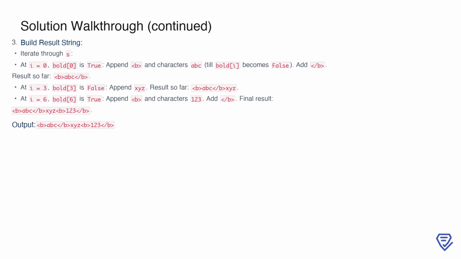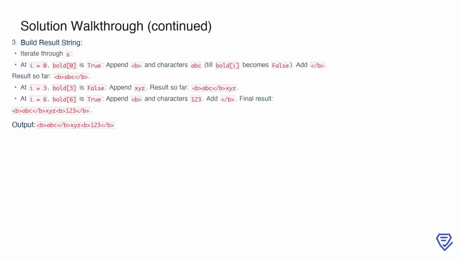The next step is to construct the result string based on the bold array. We iterate through the string s and use the bold array to decide where to add B and /B tags. At index 0, since bold[0] is true, we append a B tag and continue adding characters until bold[i] becomes false. This gives us the substring <b>ABC</b>.